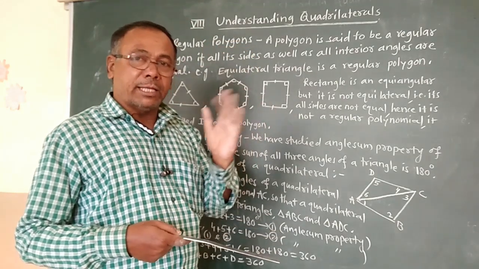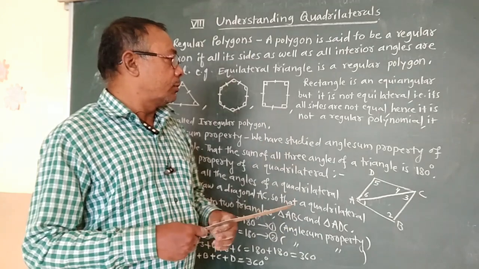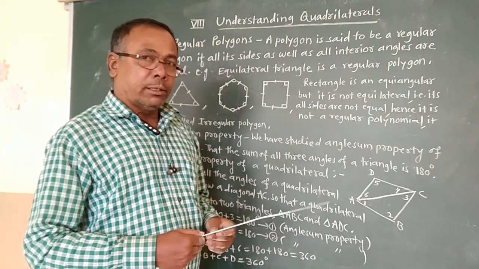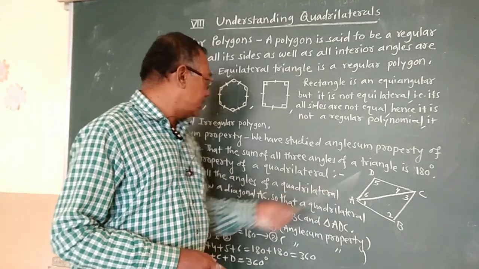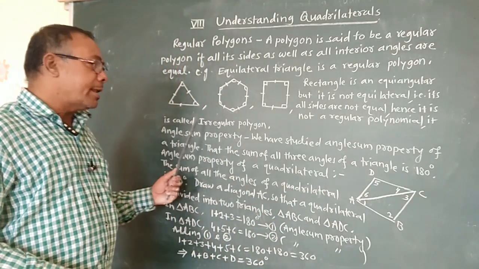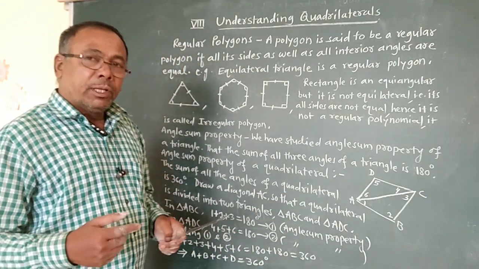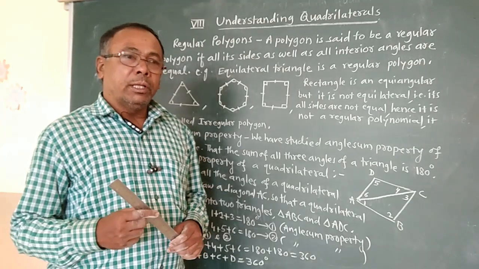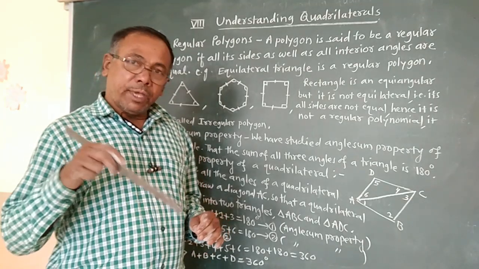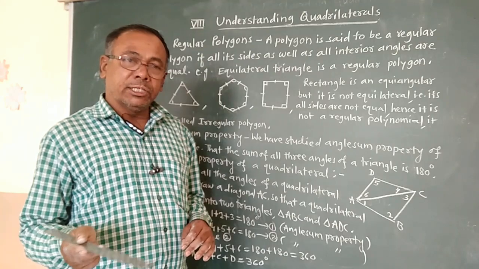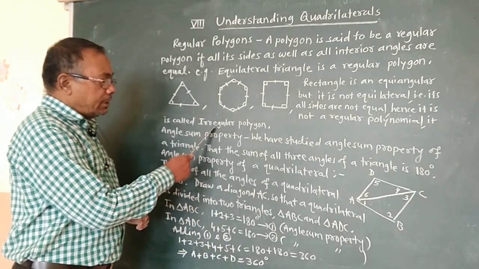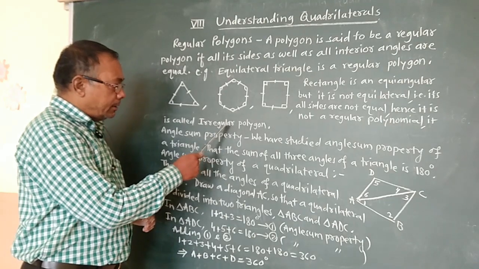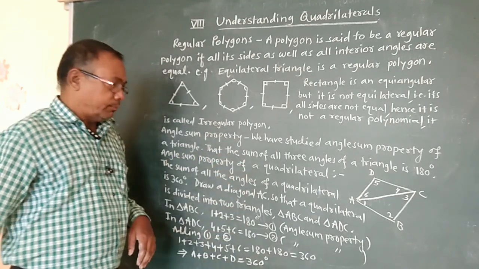It has length as well as breadth, and therefore the rectangle is not a regular polygon. It is called an irregular polygon. Means if the polygon is not equiangular as well as not equilateral, then it is called an irregular polygon.